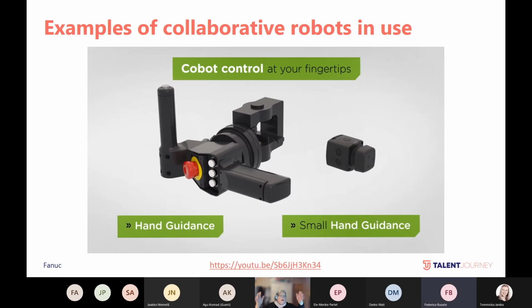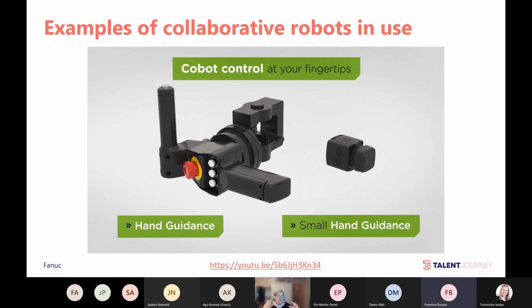We don't have to have any fences, but we have to have, for example, a machine vision system or a scanner which scans if humans are there. And then if the humans are coming closer, then they have to drop down the speed to the maximum speed of collaborative robots. So it's then 250 millimeters.